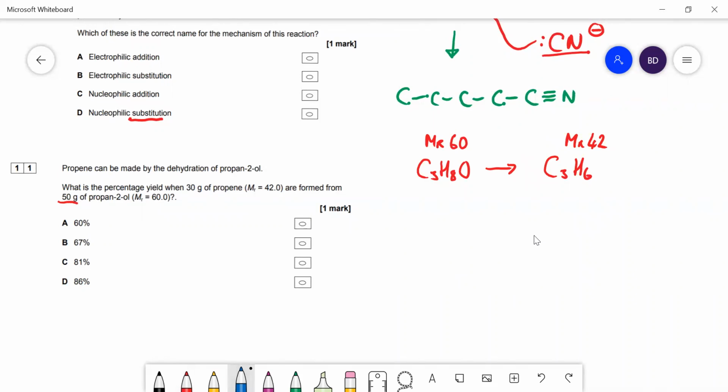Okay, so let's do the moles of propanol, mass over Mr. So we've got 50 grams over 60.